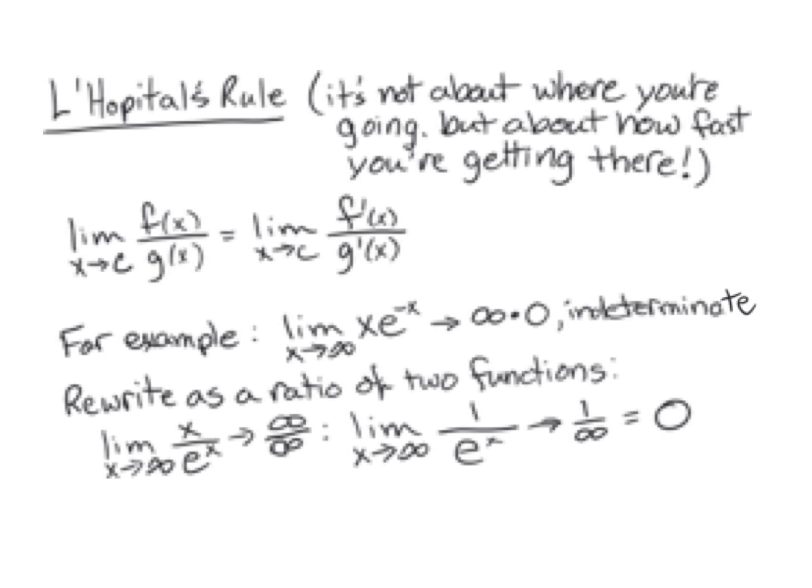For L'Hopital's rule, the deal is it's not about where you're going, it's about how fast you're getting there. L'Hopital's rule says that if we're taking the limit as x approaches some value of a ratio of two functions, and we get an indeterminate form, then we can study not the value of the ratio of the two functions, but we can look at the limit as x approaches some value of the rates of change of the two.